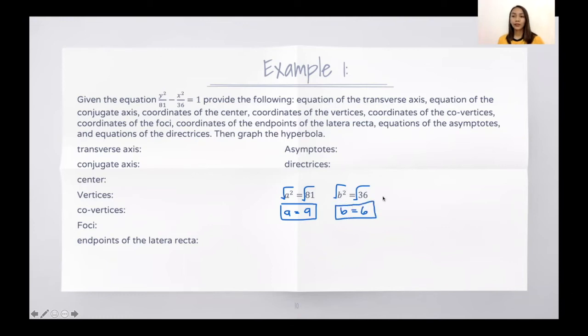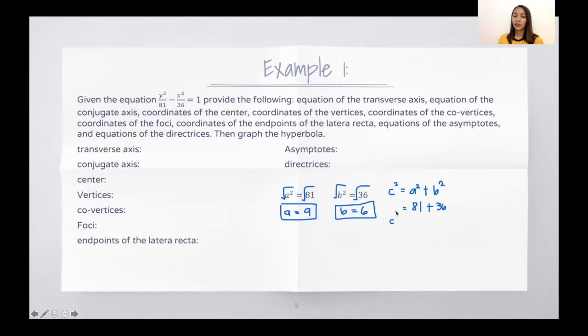To find the value of c, we know that c squared is equal to a squared plus b squared. So we just add a squared plus b squared. 81 plus 36 is 117.